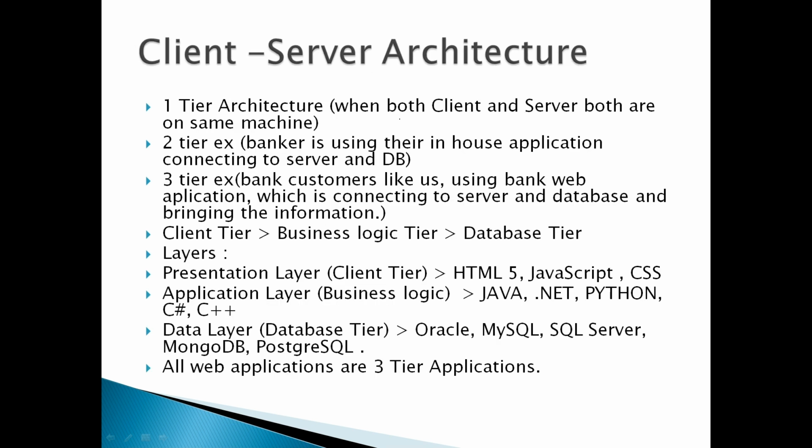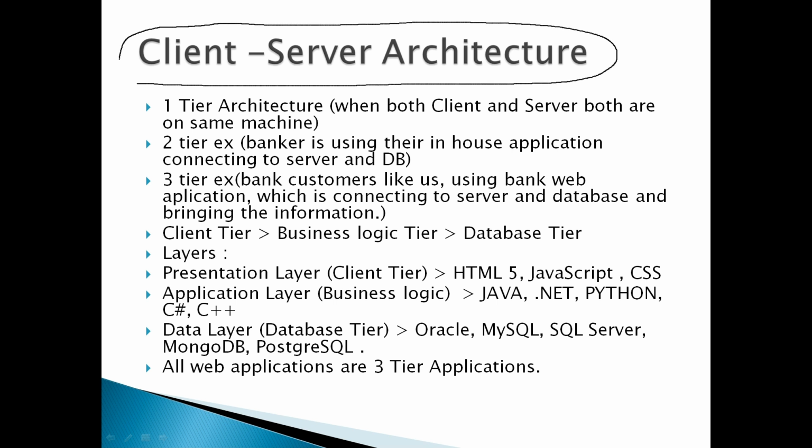So, first we have to understand client server architecture. What is client server architecture? Tier 1 architecture is when both client and server are on the same machine. That is one tier architecture. Two-tier architecture is, suppose a banker is using their in-house application connecting to the server and database within the organization.